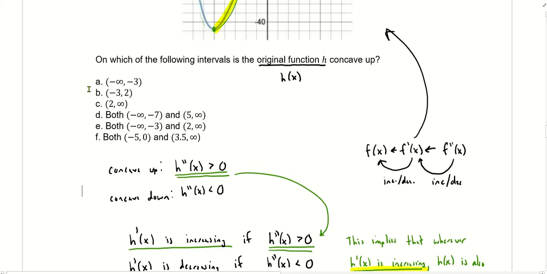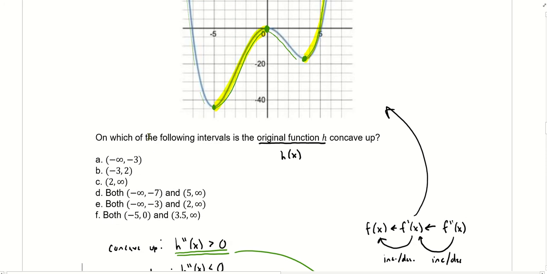And so if I take a look at where these regions are from the multiple choice here, it doesn't look like I'm increasing from negative infinity to negative 3. This is negative 5, and this is 3.5 in terms of the x value. From negative 3 to 2, that's from here to here. Nope, that's not where we're highlighted. 2 to infinity, that's not where we're highlighted.